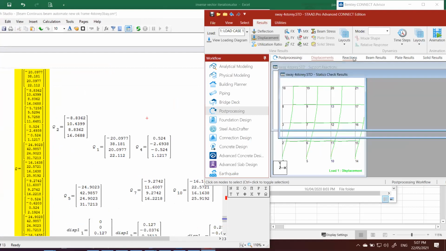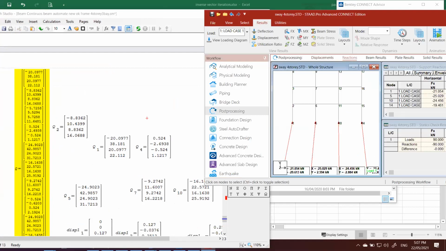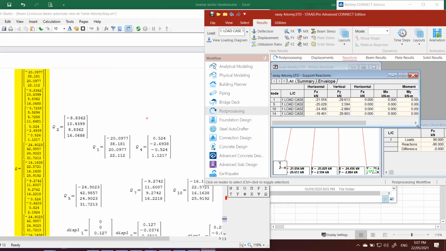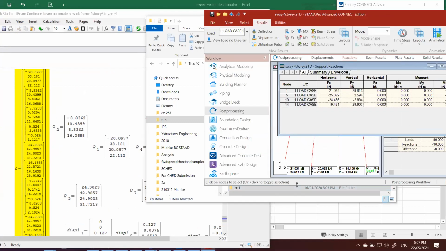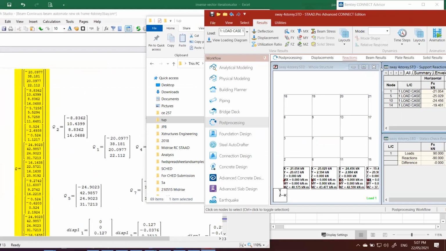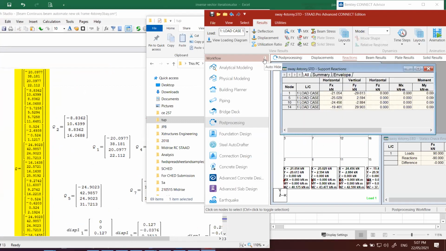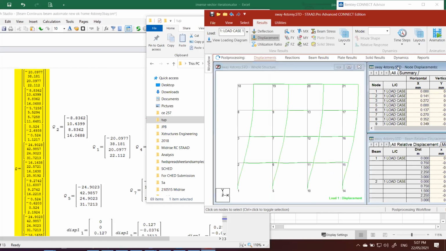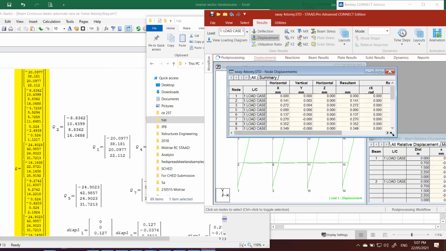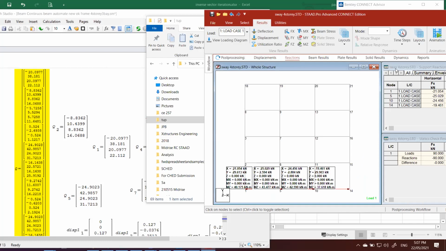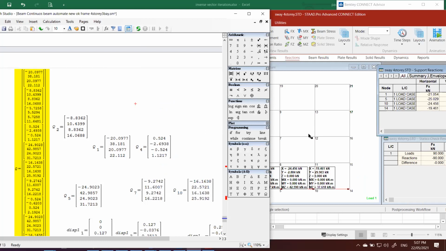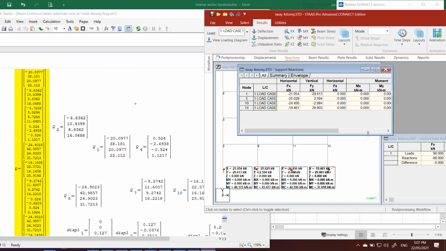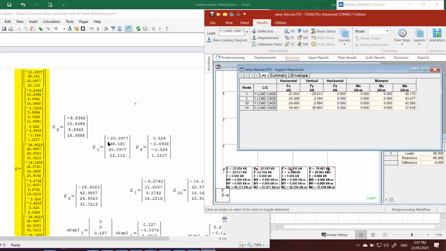So this is our reaction, 20 and 38, because these are the supports. Reactions. So what do I need to bring?